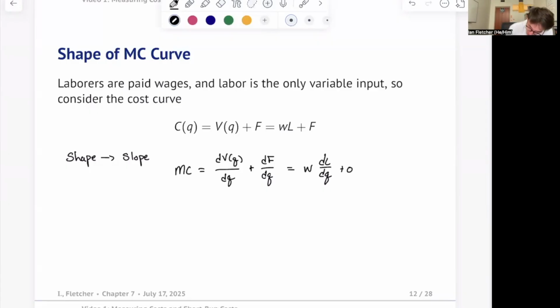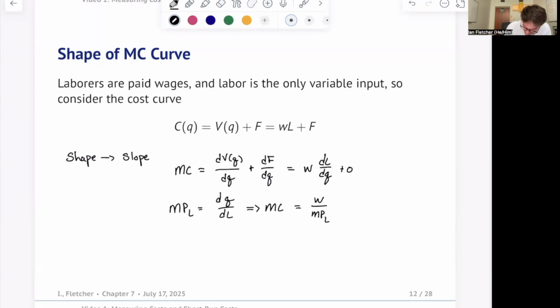And so if we recall what our marginal product of labor is, so how much does dq, what is dq/dL? Then we can say that our marginal cost, and this is going to be some weird pseudo algebra calculus, but it's going to be W over the marginal product of labor.